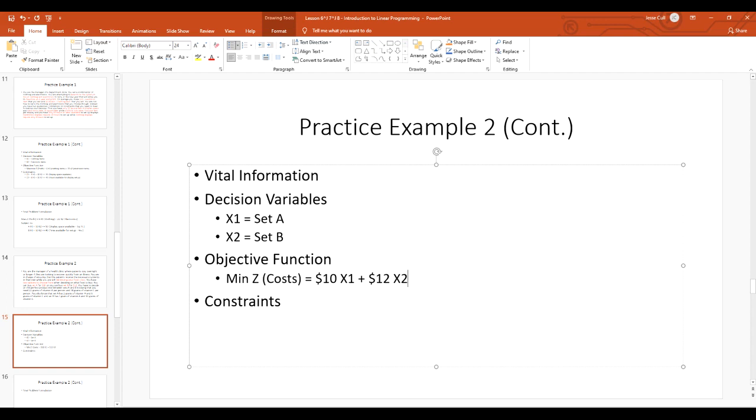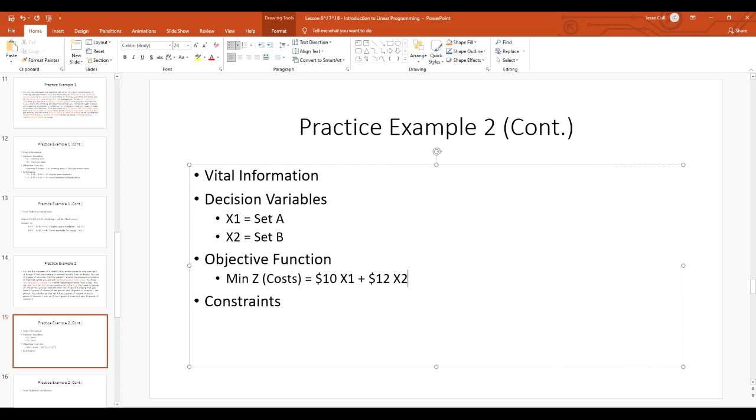If this is all correct, then we have a minimization situation and our objective function is complete. Our third and final step is determining constraints. We know already that if we're trying to minimize costs and we have no limits, very simply, we would buy nothing. If we're trying to minimize costs, spending no money is the easy answer. However, that's not an option for us.